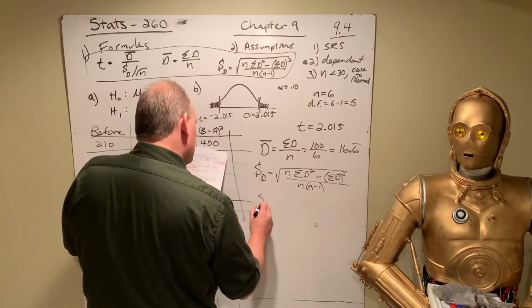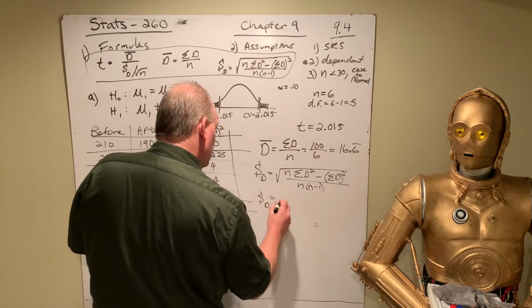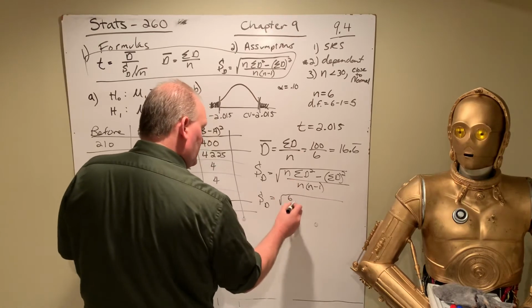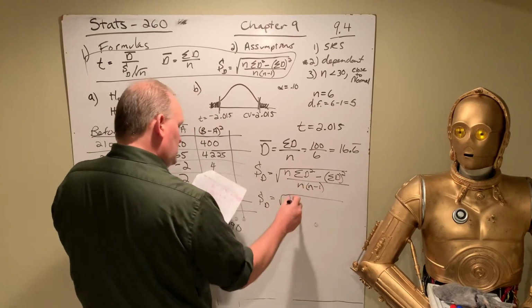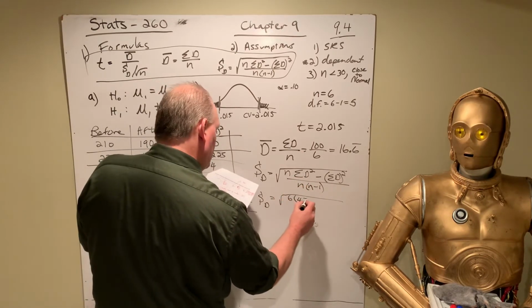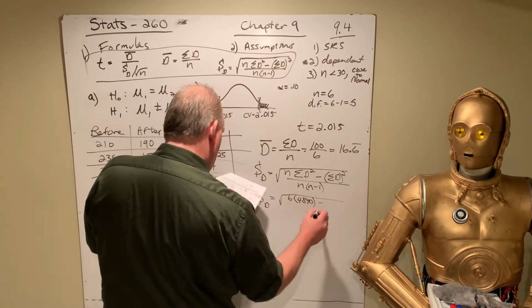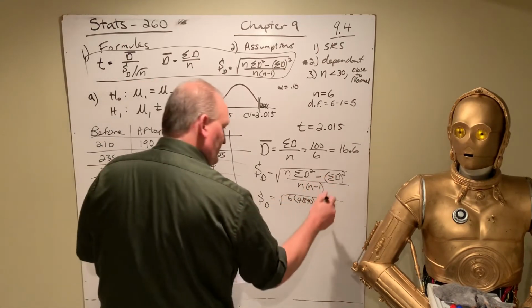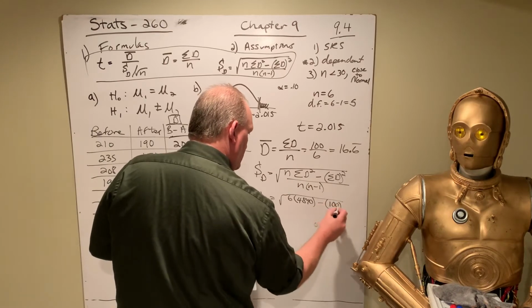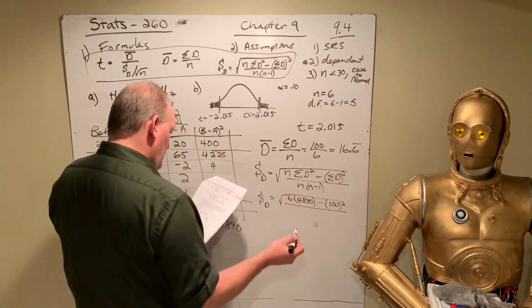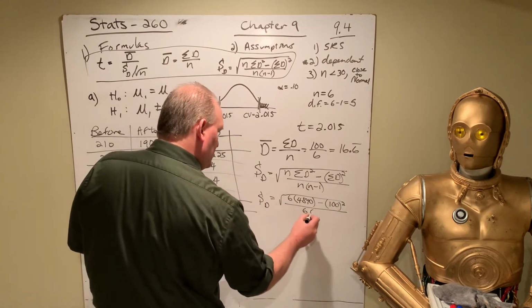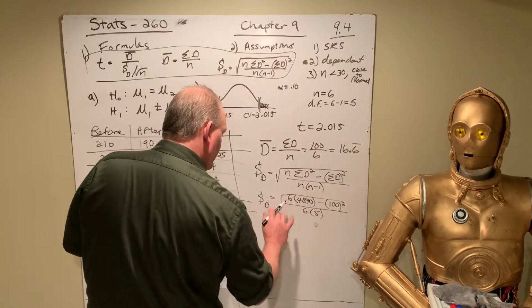So we've got all of those calculated here. We have 6. We know that's 6. We did the summation of that. That's 4,890 minus, we did the summation of the difference. That's 100 quantity squared right there. And then times 6 and then times 5. 6 minus 1 is 5.